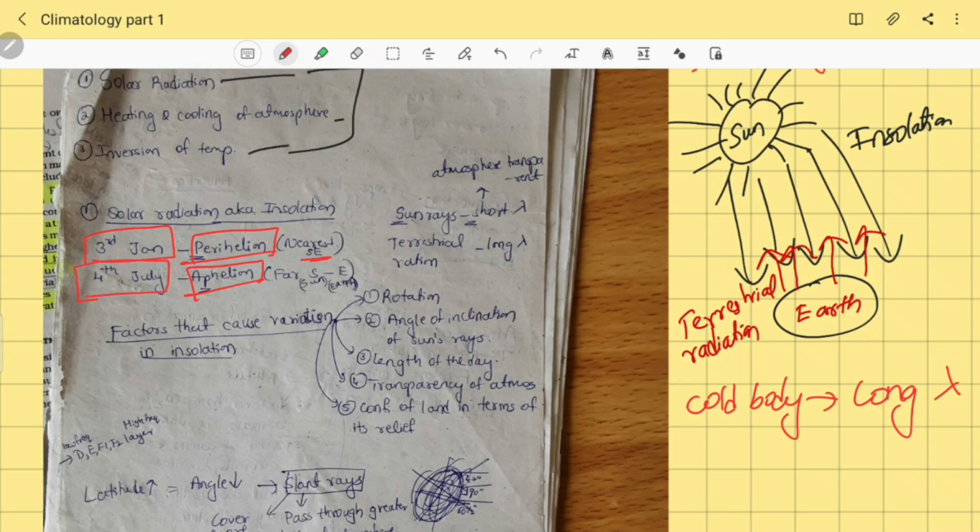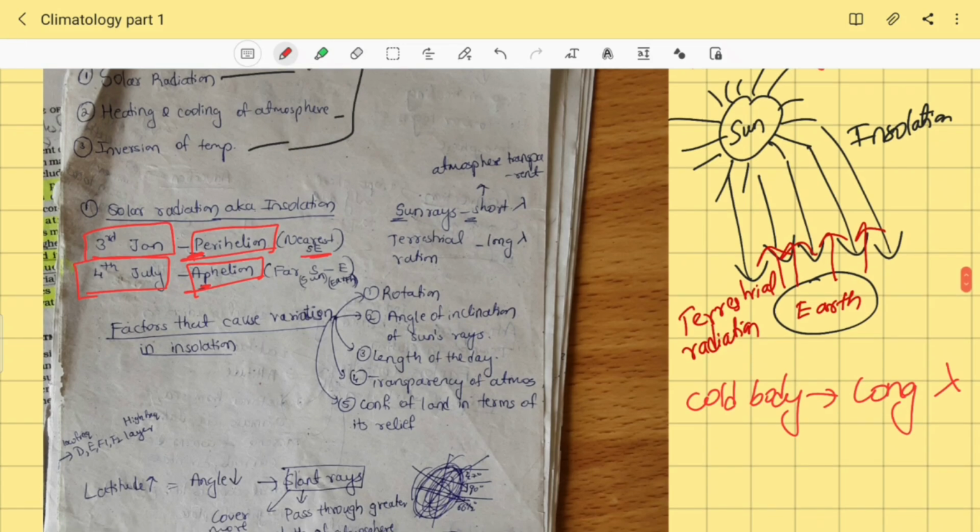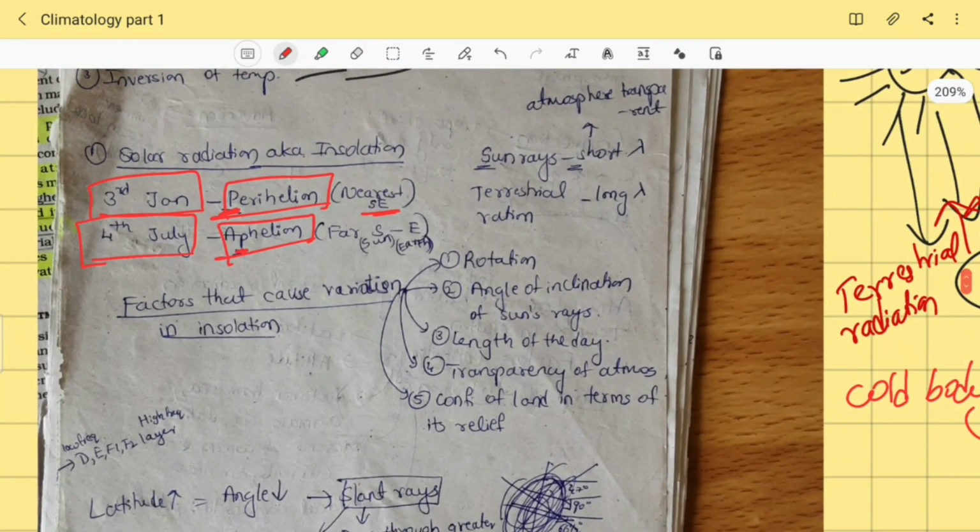How you remember it: see, in perihelion the p comes first, so that means it's near, and in aphelion it comes second, that means it's far, right? So far means aphelion, near means perihelion. That's just an easy way to remember it, or you can remember it any way you feel.